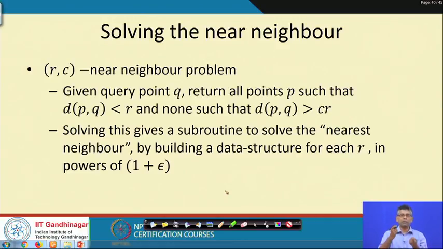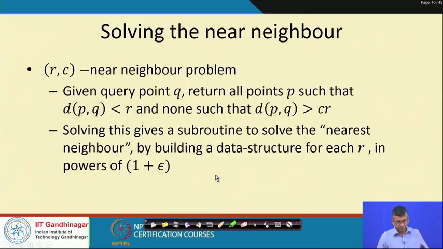Now, given a particular query, search in each of these data structures, and by searching each of them, you can actually find the nearest neighbor to the query q, because the nearest neighbor will have some distance r, and at that right data structure you will stop, and then you will be able to answer this nearest neighbor question if you have the subroutine.